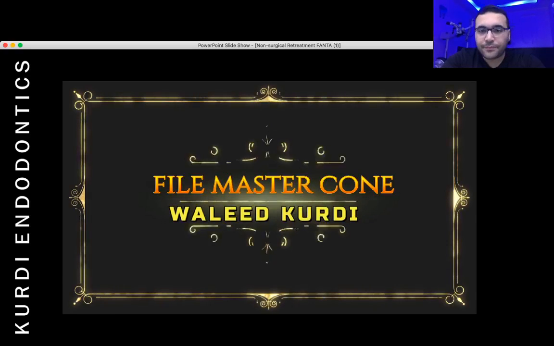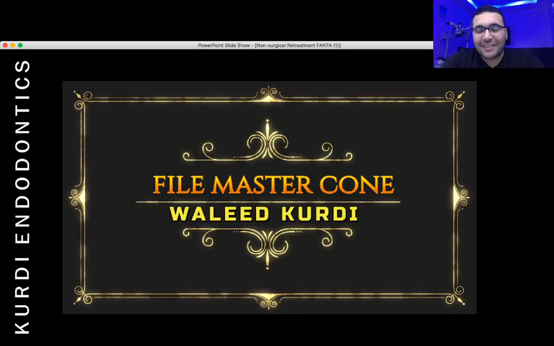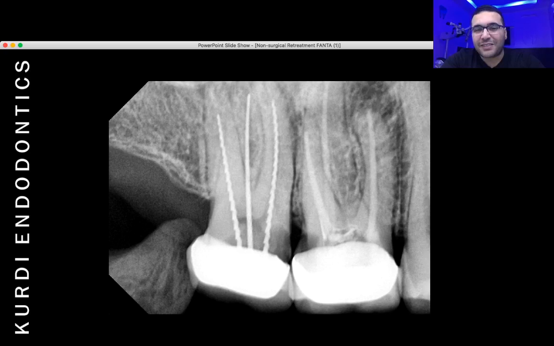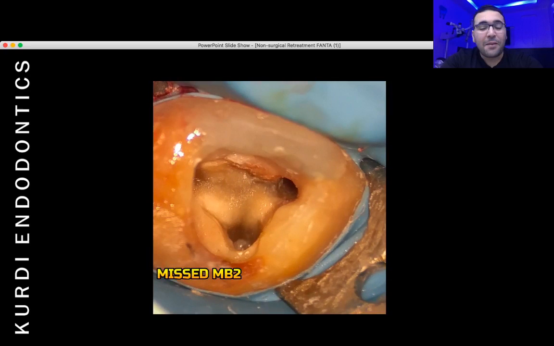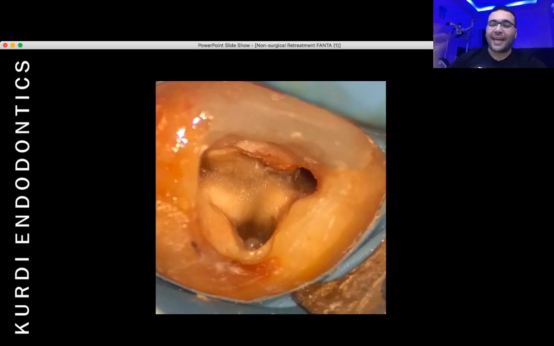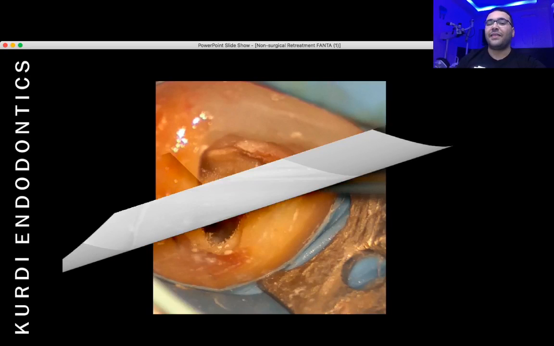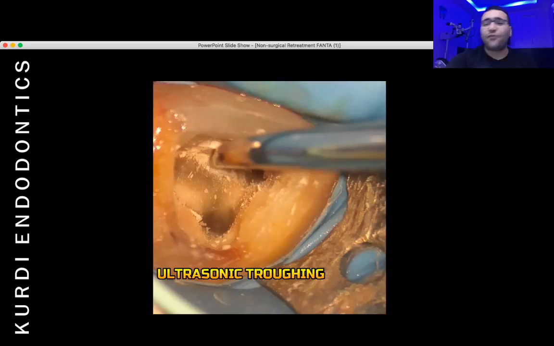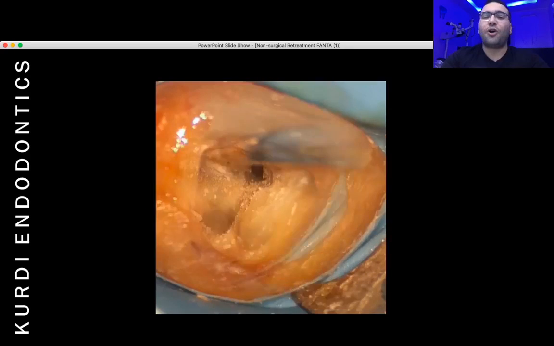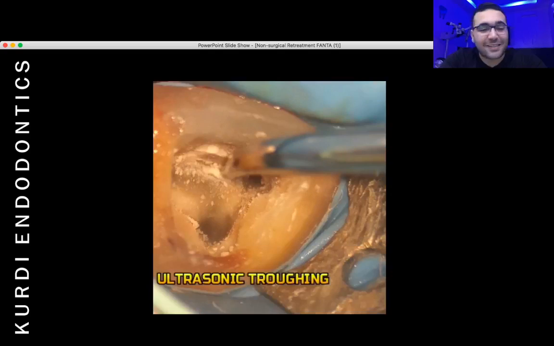Now, we have a video again, and in this case, the obturation from the previous dentist was with files. I don't know why he put an H file in the mesiobuccal and an H file in the distobuccal, but he put a K file in the palatal. Maybe he just finished all the H files in his clinic.